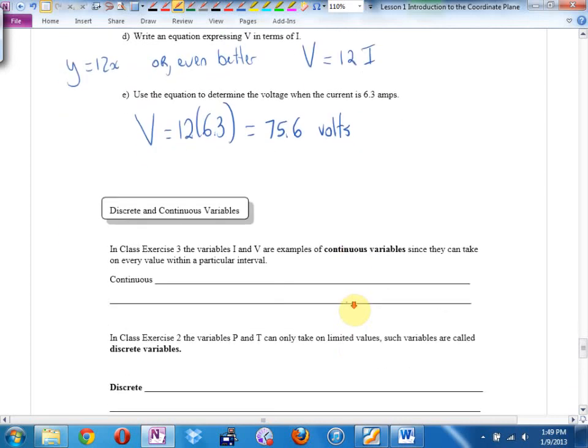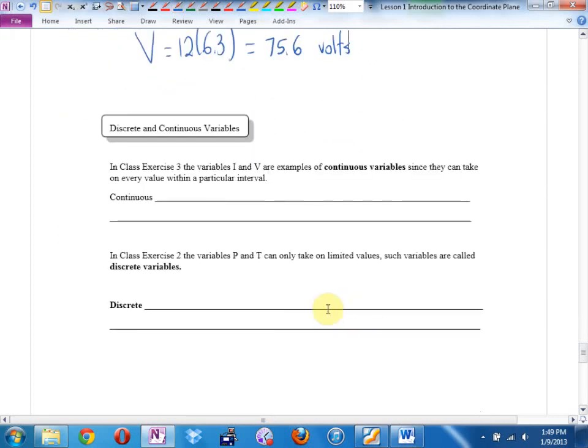So here is your new term for today: continuous and discrete variables. In the class exercise 3, the variables I and V, current and voltage, are examples of continuous variables, since they can take on every value within a particular interval.